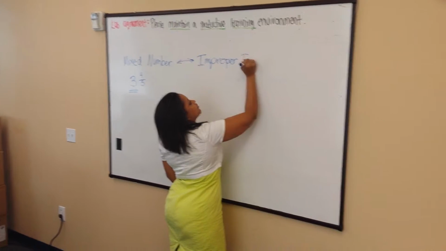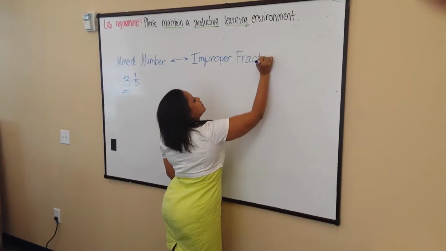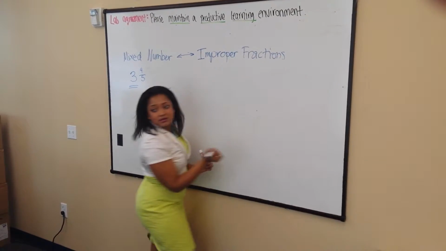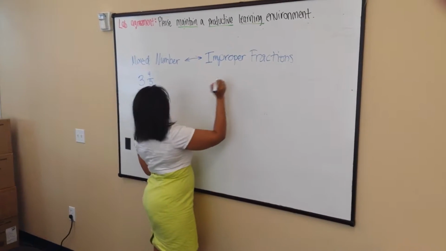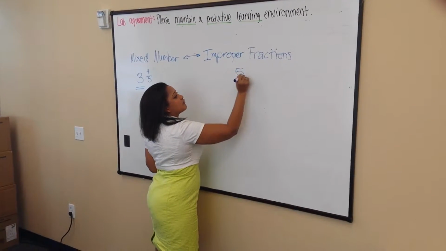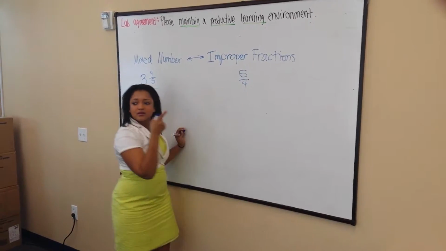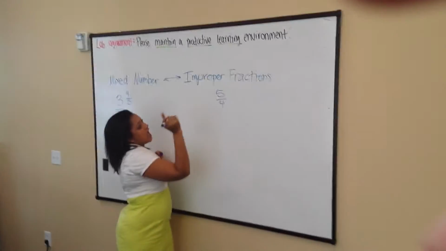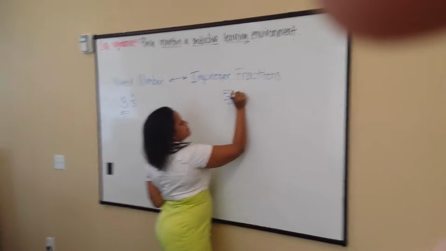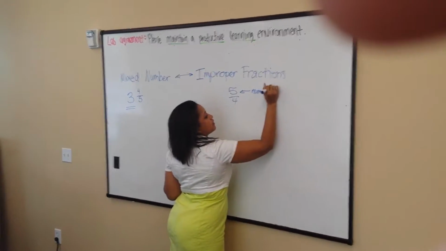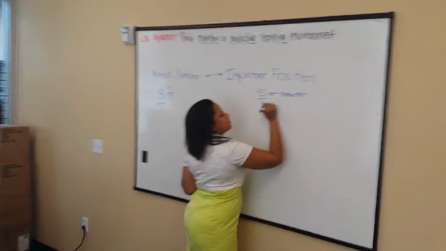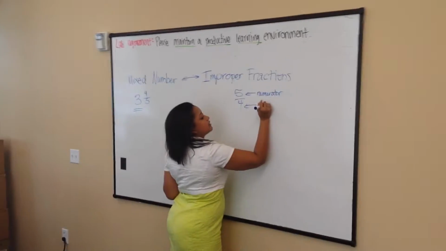So improper fractions, do you know what those are now? Do you have a guess? Like 4 over 5, or is it 5 over 4? 5 over 4. And what's the difference? It's improper. The higher number is on the top. Exactly. This top number is the numerator, and the bottom number is called the denominator.